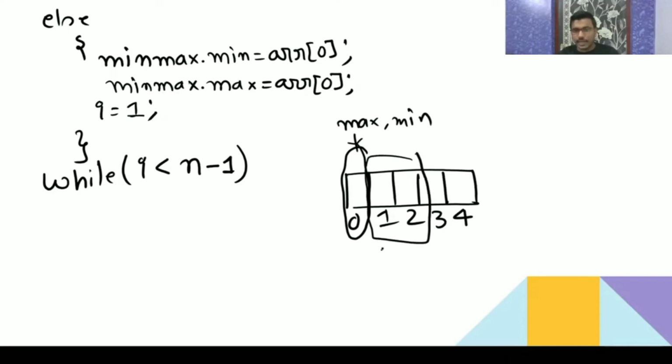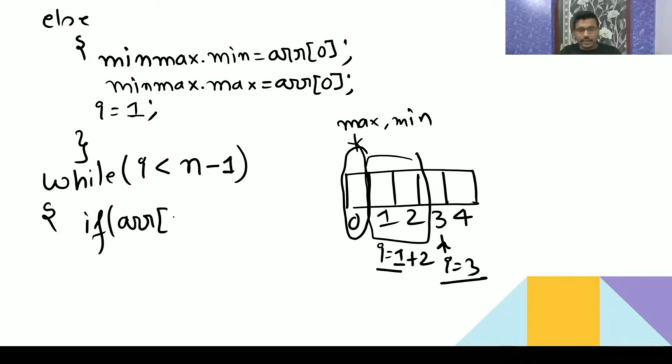So the index will be i equal to 1. Then I will increase the index by 2, so i equal to 3, because this element I have taken. See what I will do: I will compare if array of i is greater than array of i plus 1, like this. So I have compared indexes 1 and 2 with that.